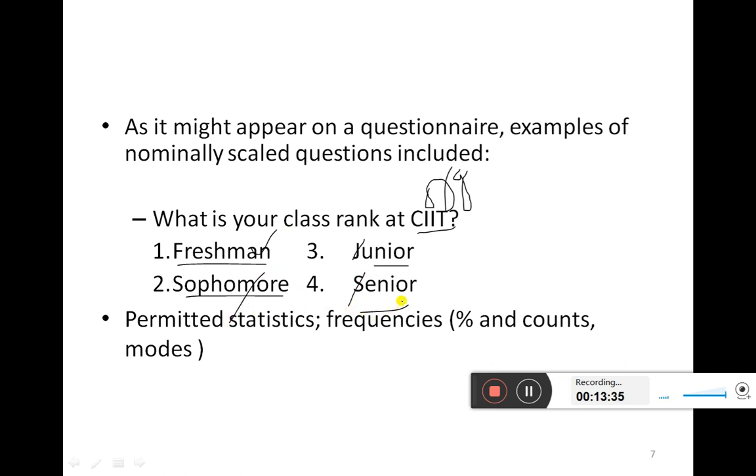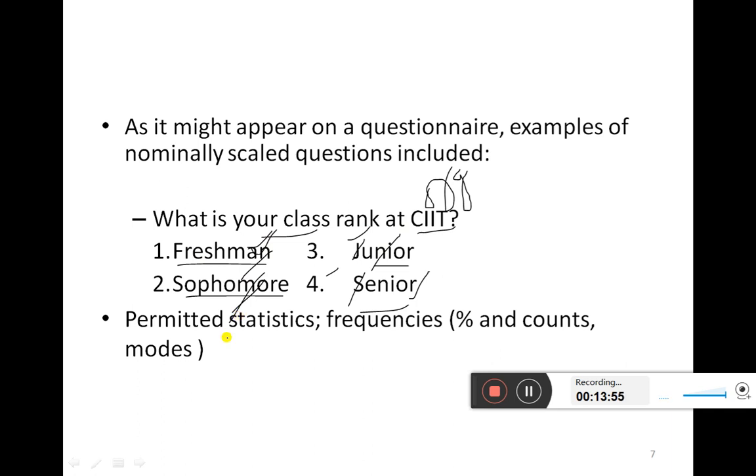So the class rank divides into four categories: freshman, junior, senior and sophomore. Is it clear?